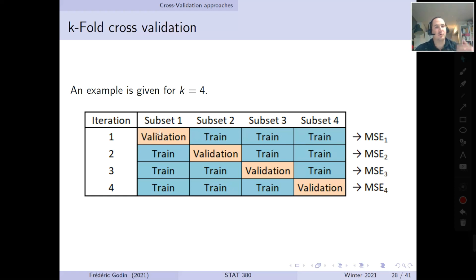It doesn't use the responses from this subset to make predictions here. So this is truly out of sample. You're not using the answer to come up with a prediction. These observations are really unknown once you've trained the model on other subsets. So each of these MSEs is an average of out of sample errors.